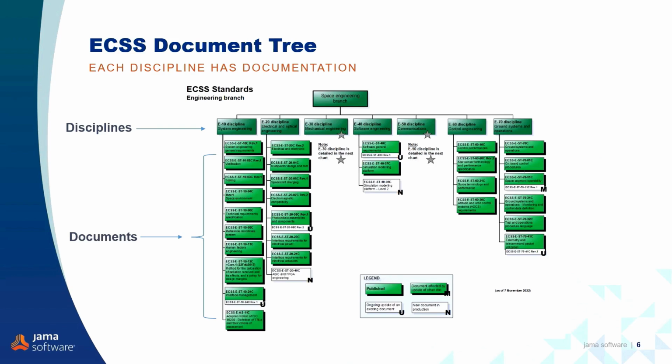Now, these documents are pulled into Jama Connect, and as you will see later on, we have all these documents available for you to start tracking and tracing compliance. So the structure from a branch to a discipline to all the documents is something that you will recognize in the demo later on, and where you can find and filter and search for certain topics that are numbered and maintained by the ESA. All right, so that's a little bit of a background behind the ECSS organizational diagram.